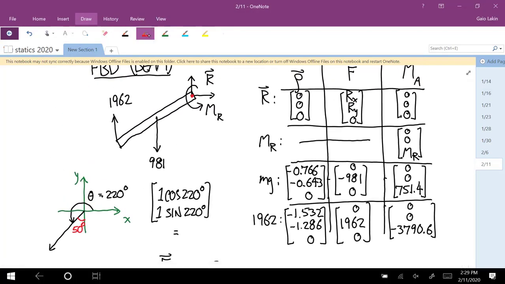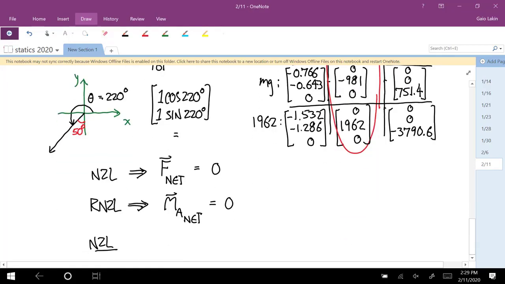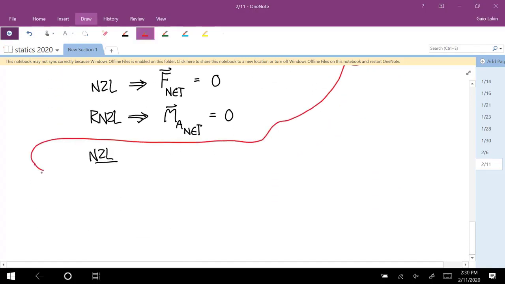We're going to take all of the forces here, and that's going to be the left side of Newton's second law.